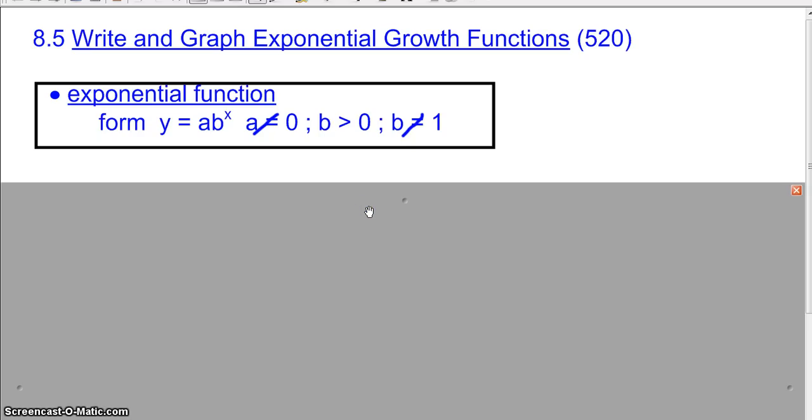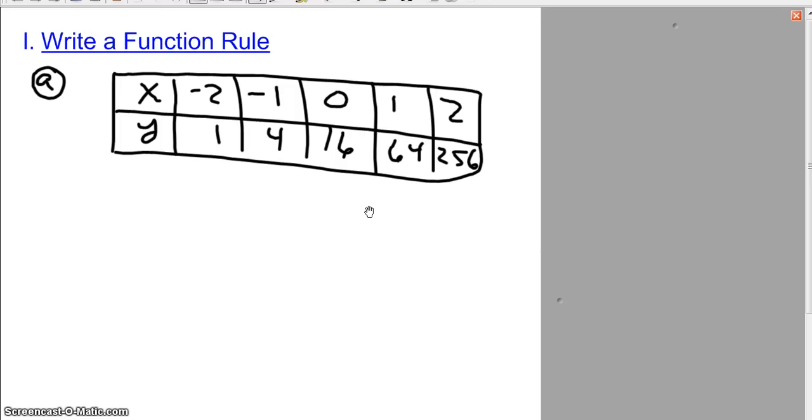So the first thing you're going to be asked to do is write an exponential growth equation given a table or given a graph. If you're given a graph, you have to make a table. Grab clearly defined points in the graph and make a table like this.